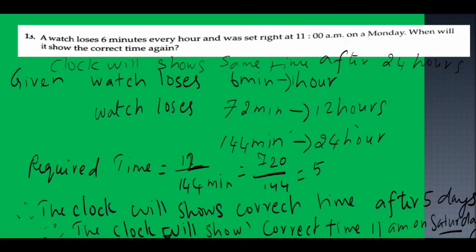So the required time is 12 by 144, that is 5 days. The clock will show correct time after 5 days. So after Monday, 5 days would be Saturday, that is on 11 a.m. Saturday, it will show the correct time again.